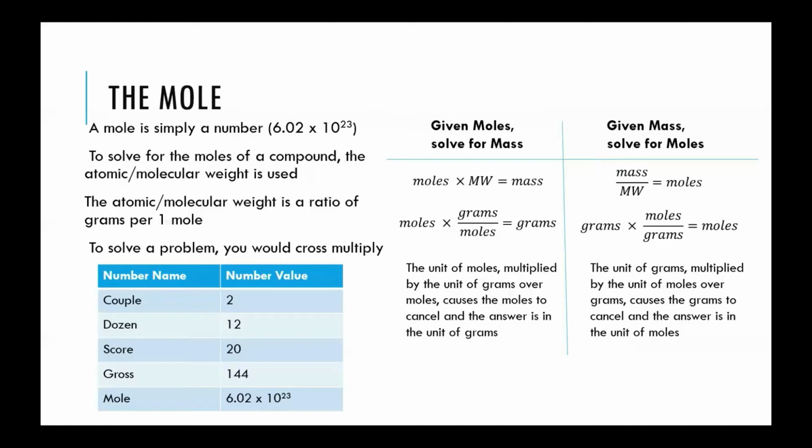It's a very, very large number. And this is the unit that chemistry uses. So when you're performing chemical reactions, you're dealing in the unit of moles. And 1 mole is 6.02 times 10 to the 23rd atoms or molecules.